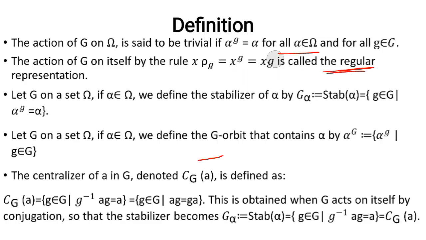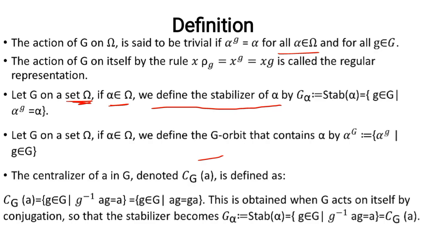Now, let G act on the set Ω. You know what a group action is already. It's a mapping satisfying two identities, associativity and identity, right? So if G acts on the set Ω, if we pick alpha in the set, we define the stabilizer. Now, what is a stabilizer?